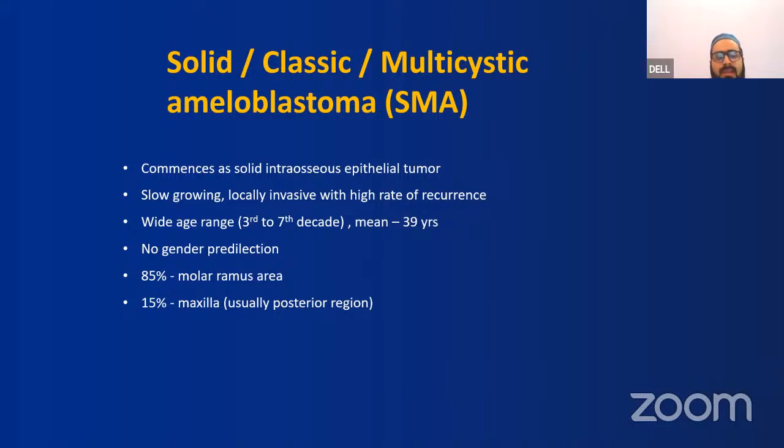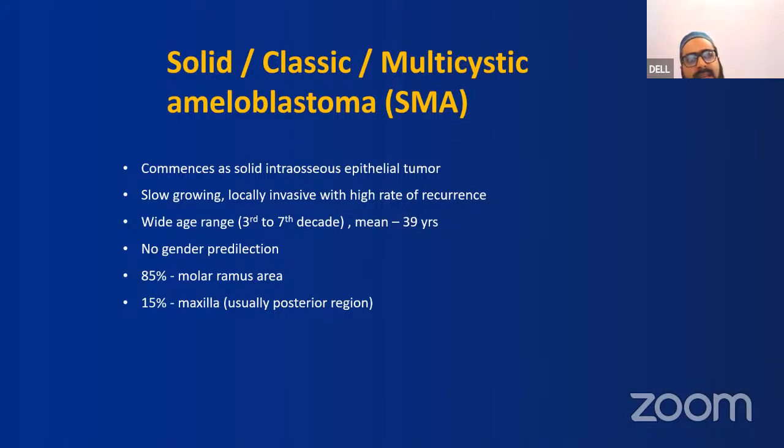Though it's slow growing, it requires aggressive surgical management, because even though it's slow growing, it's aggressive and can perforate the bone. As Dr. Ghouse was telling, it can perforate both the cortices. Now, age range: it's seen over a wide age range, from the 3rd to 7th decade.